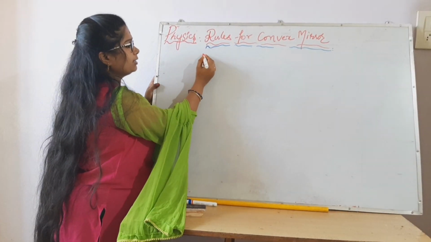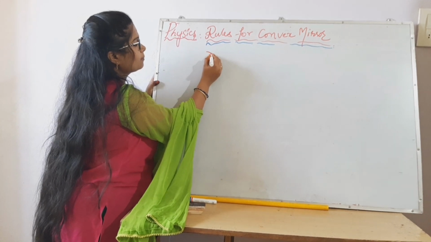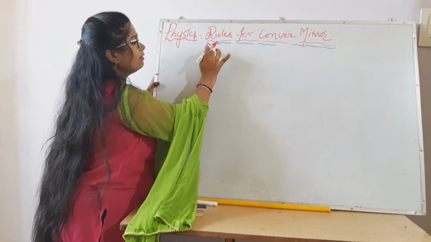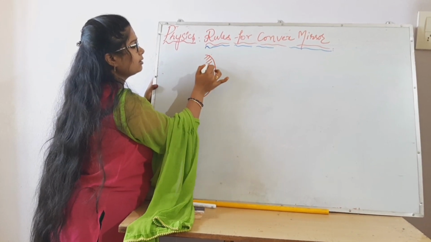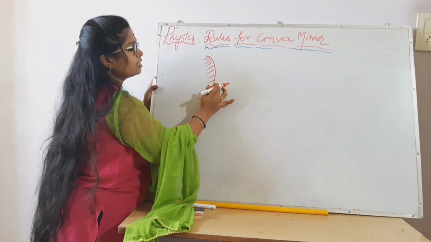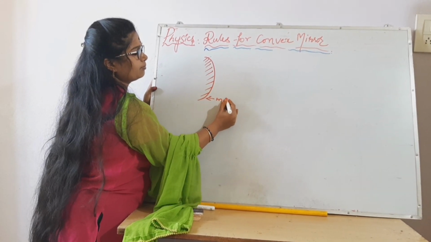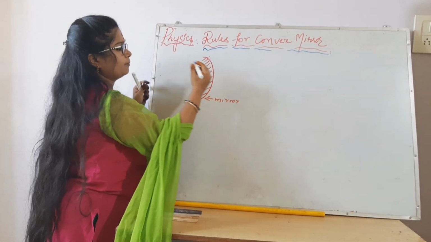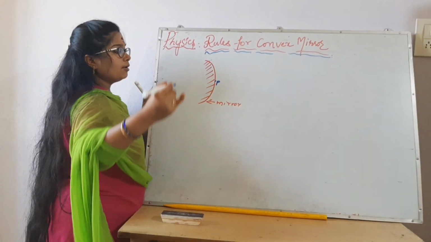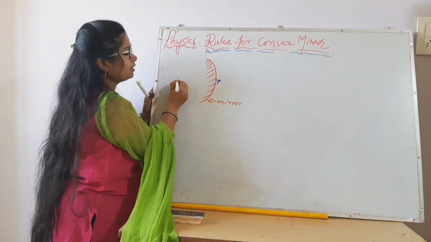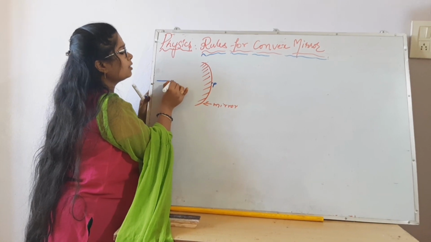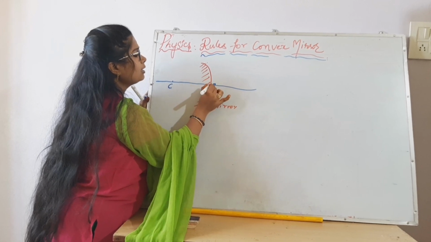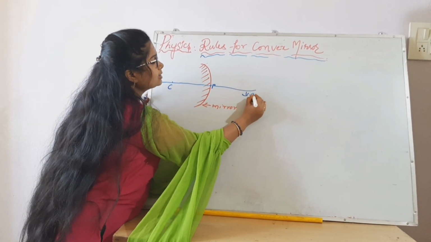Suppose this is a convex mirror. Where will be the mirror? This will be the mirror. Where will be the pole? Pole. Center of curvature will be here, isn't it? The line joining both the pole and the center of curvature is nothing but your principal axis.